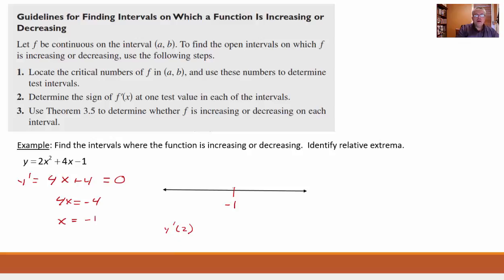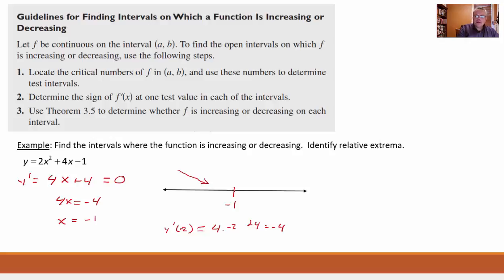So y prime of -2 would be 4 times -2 plus 4, which is -4, which is negative. So since the first derivative is negative over here, the function's decreasing. We're going to represent that with an arrow going down. Okay, function's decreasing there.